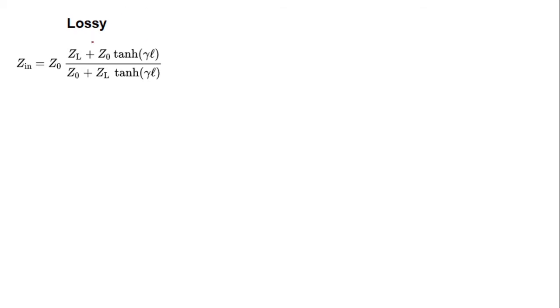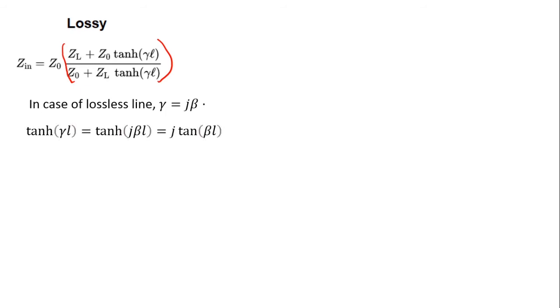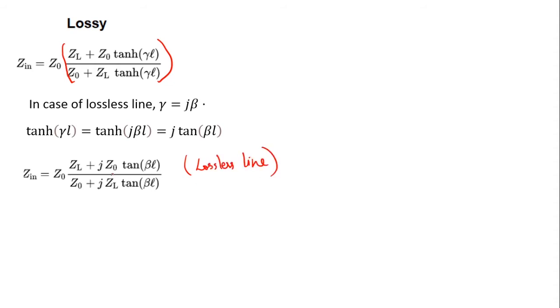In case of a lossless line, gamma is j beta, so tanh gamma L reduces to tanh j beta L, which is j tan beta L, and this is the reduced equation. The general case is the first equation, and in case of a lossless line, this is the equation.